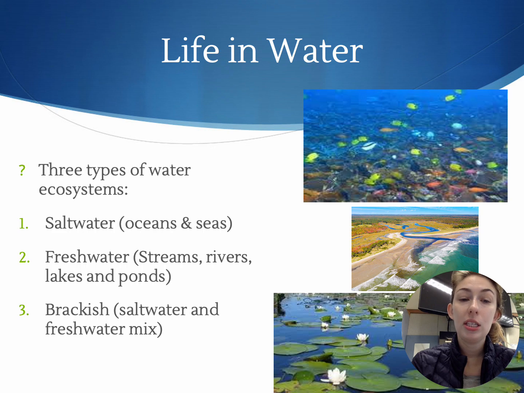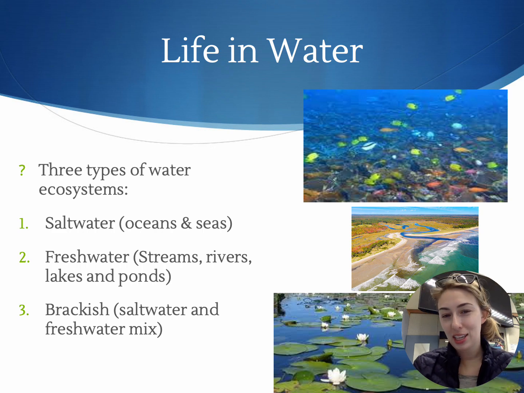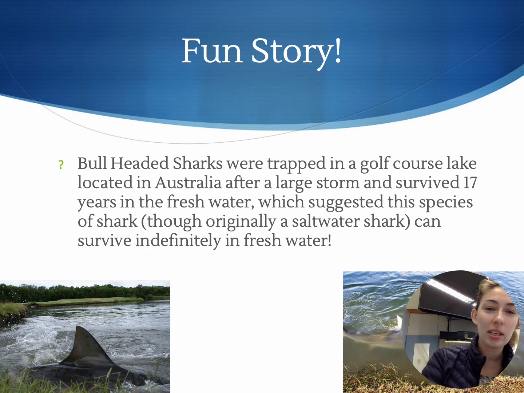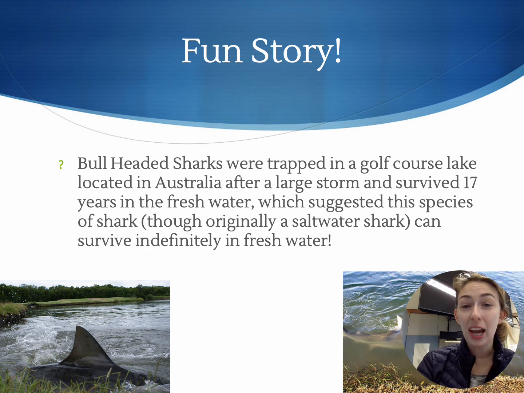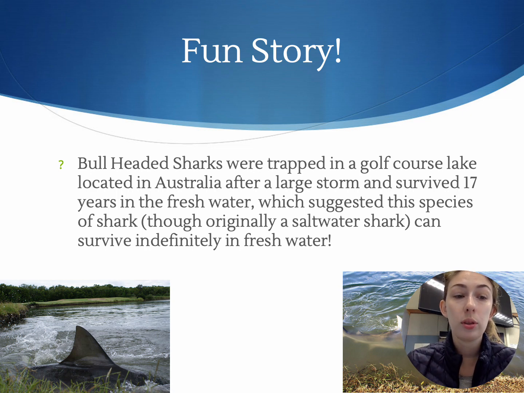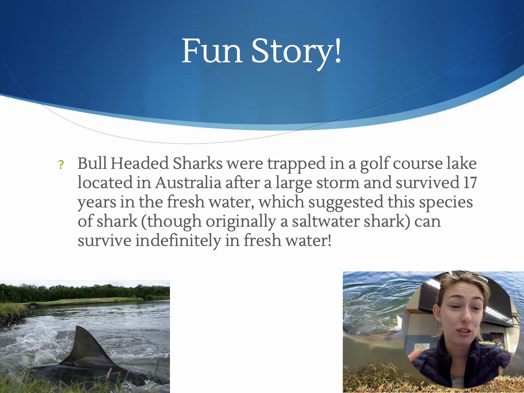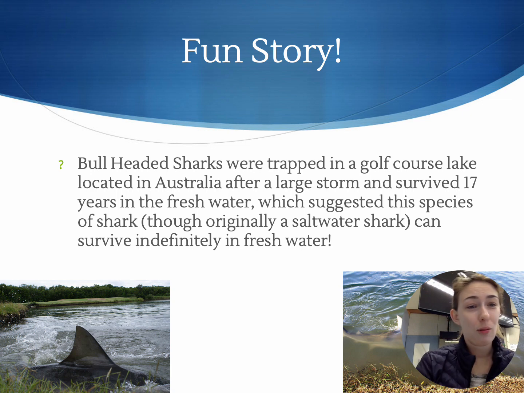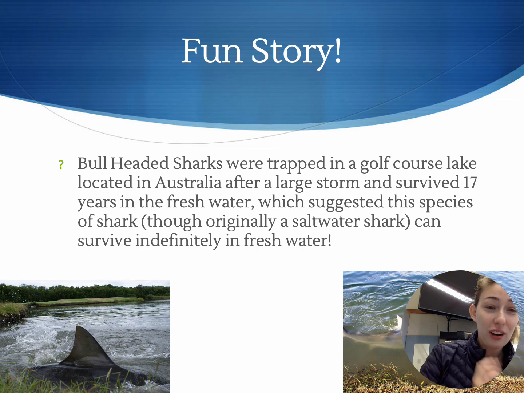Now, generally, the species that live in these ecosystems don't go between them. There's an exception. There was a case with bullheaded sharks that were trapped in a golf course. Australia had a huge storm, and as a result, these bullheaded sharks got trapped inside a lake system inside an Australian golf course.